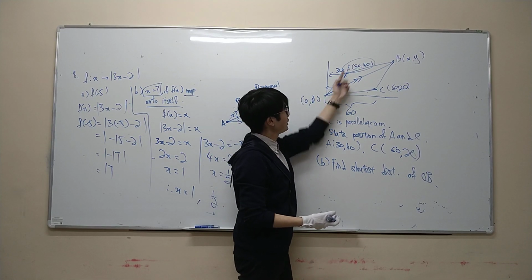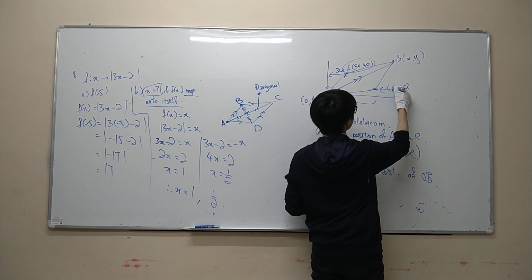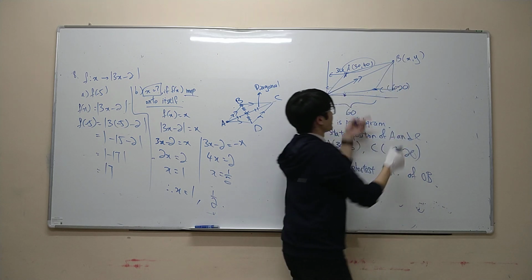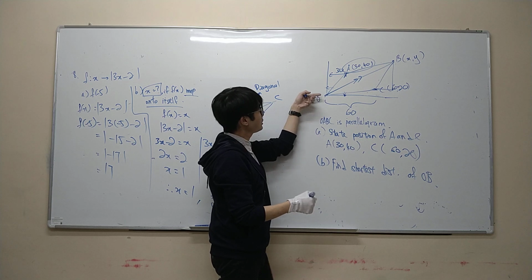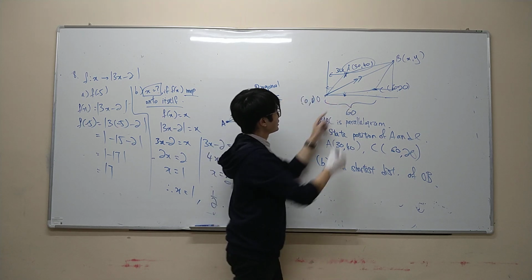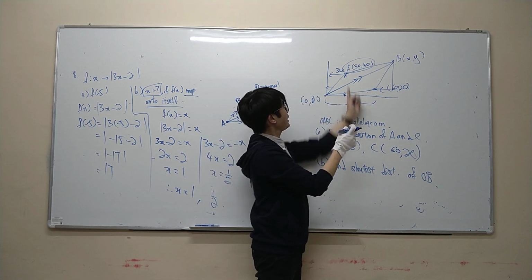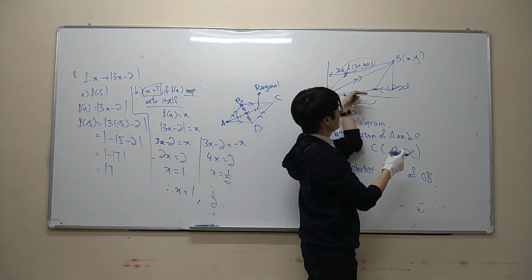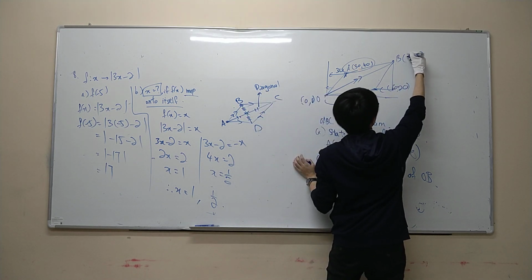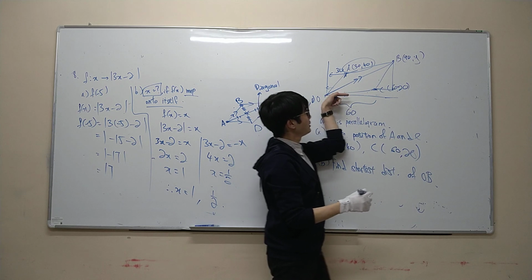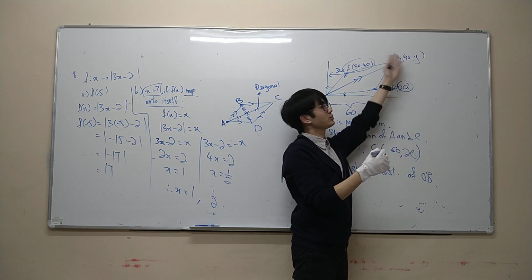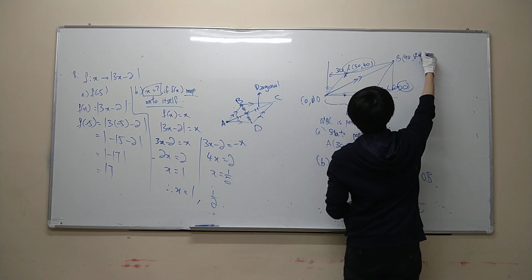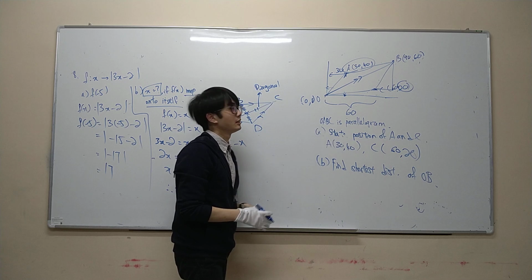So 30, 40 means from C to B, it should be 30 across and then up 40 also. So from 0, 0, you go 30 across and then up 40. For C, 60 across 30, so here is 90, because 60 plus 30. And then 20, I have to go up 40. 20 plus 40 is 60. So that will be the coordinate for B.